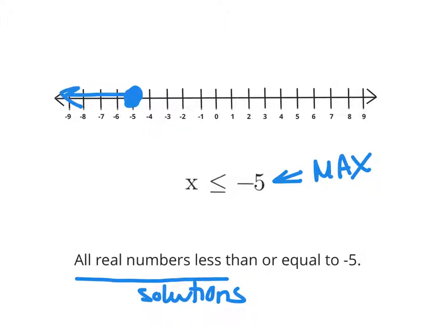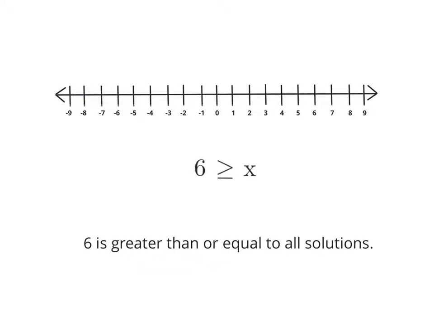In this example, you'll notice right away that it's written differently than the previous three, in that the number is now on the left and the variable is on the right. But just read it the way it's written and translate it into an inequality. It says 6 is greater than or equal to all your solutions.